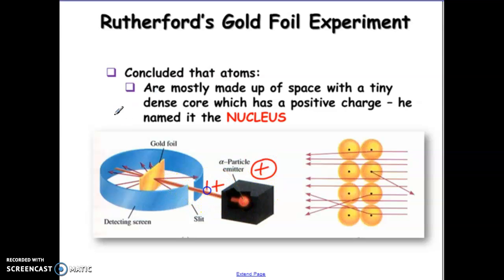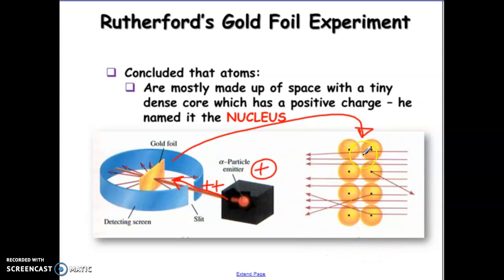So what ended up happening is he basically had a beam of these positive charges, and he aimed it at this gold foil leaf. Here's the zoomed-in artist rendition.